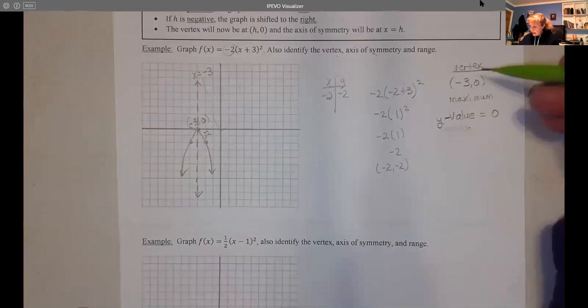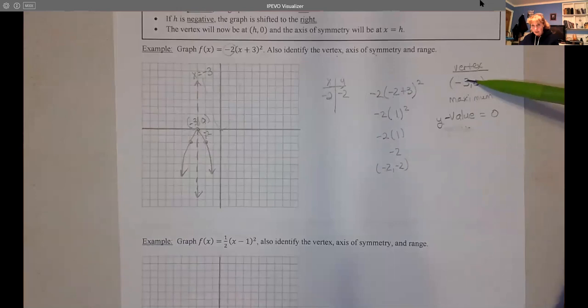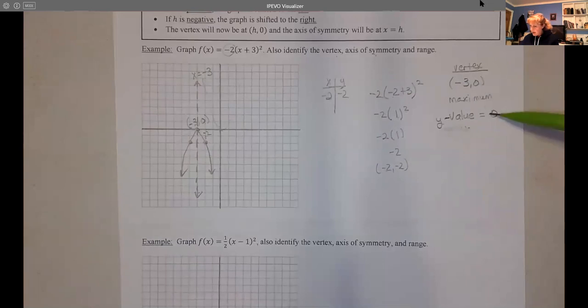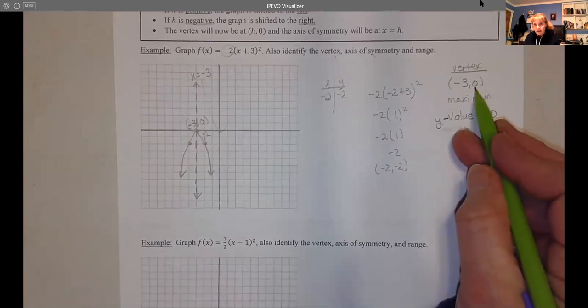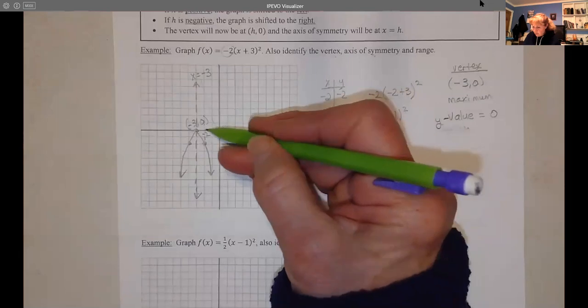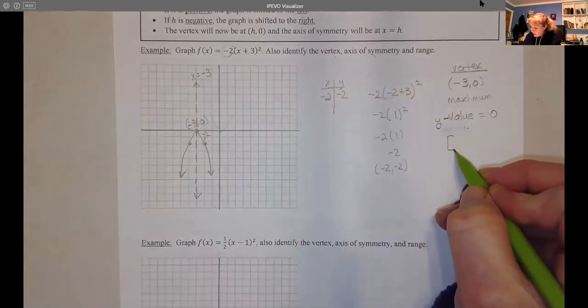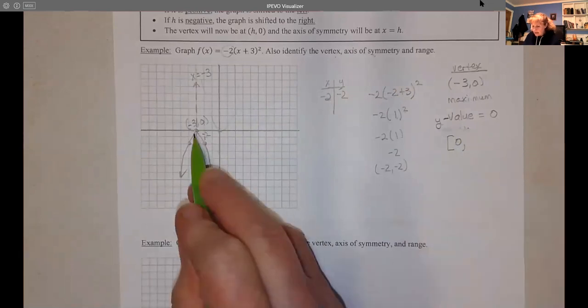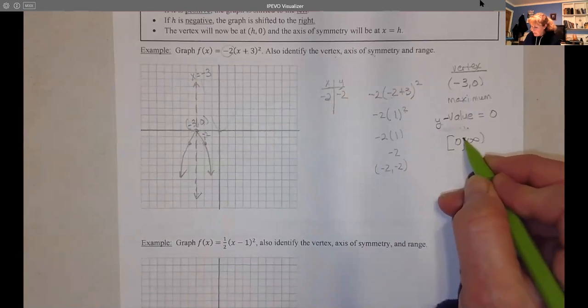Now we have our vertex. We have our axis of symmetry, which came from the x coordinate. Our maximum value comes from the y coordinate. And we want the range. The range is dependent upon the y, so you go from the highest down. Our highest is 0, and it goes to -infinity.